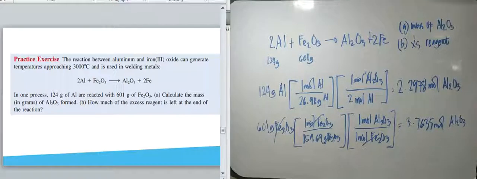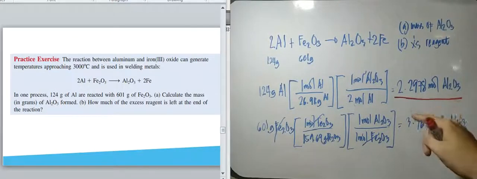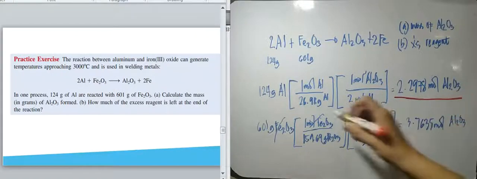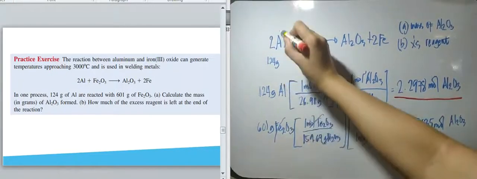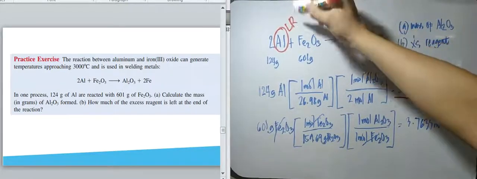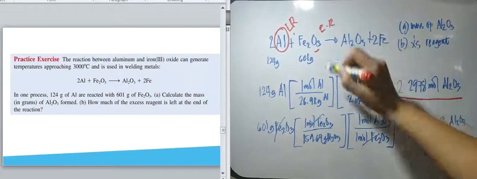So therefore, we have here the smaller amount of aluminum oxide. So therefore, our aluminum is our limiting reactant. And this one is the excess reactant.